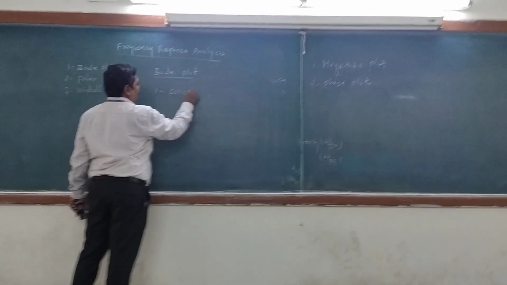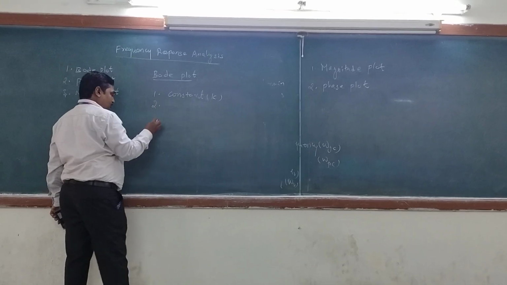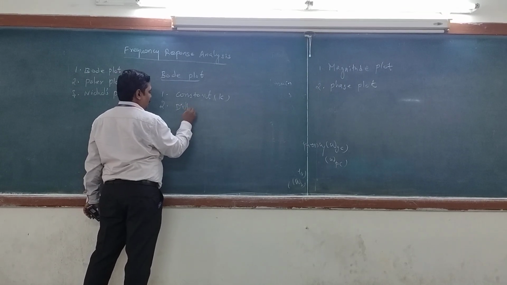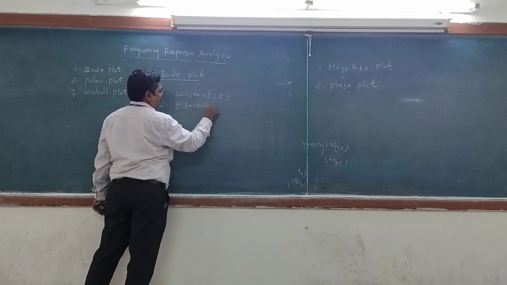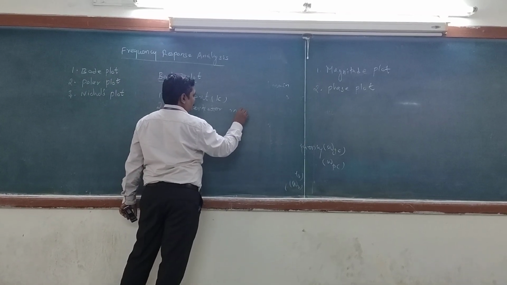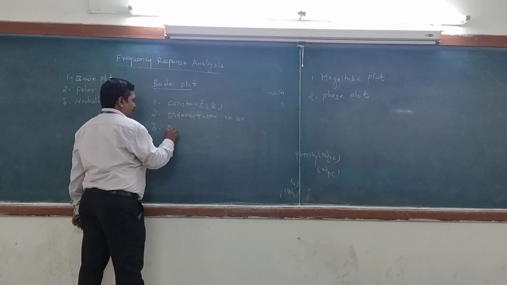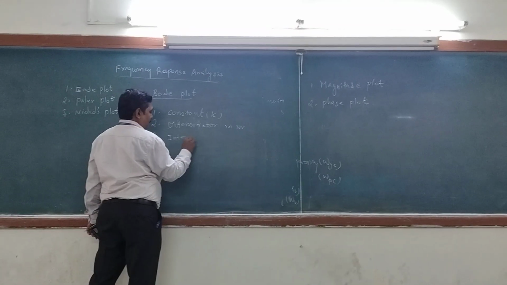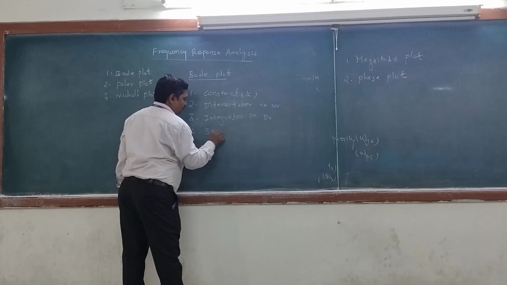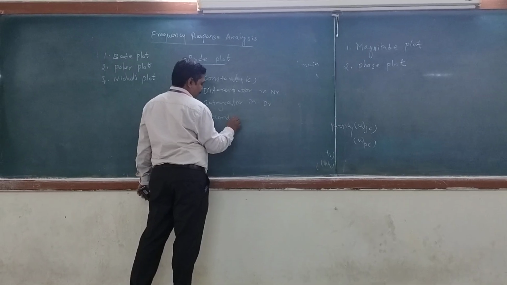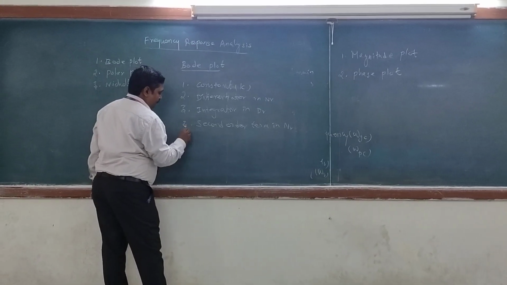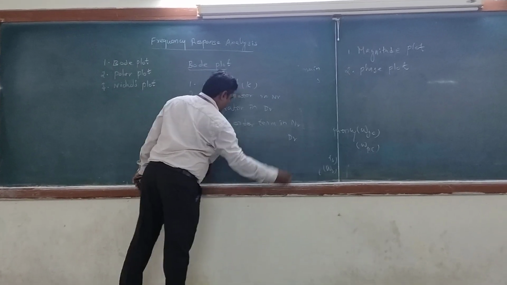One is constant gain, the other is a first order differential function in the numerator, similarly an integrator in the denominator, the second order term, that is a quadratic function, in the numerator, then the second order term in the denominator.